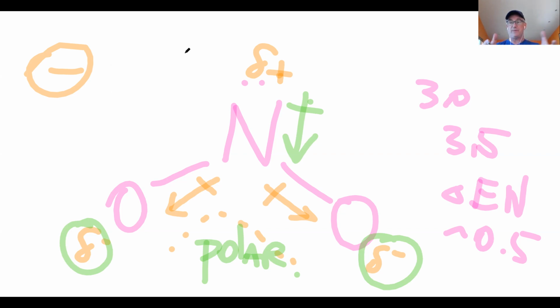That would be indicated by the size of these dipoles. That would make them a little bit bigger. But remember, they're still not completely negatively charged, because these two oxygens are sharing the extra charge. So their charge would be more, but it still wouldn't be a full charge.